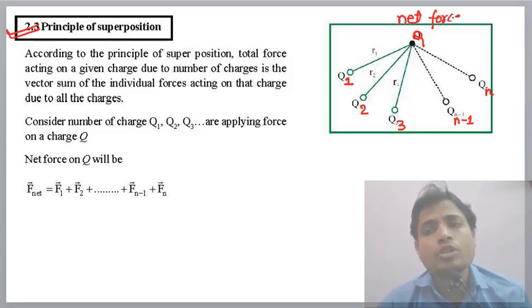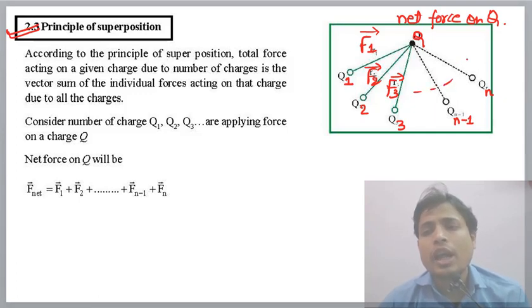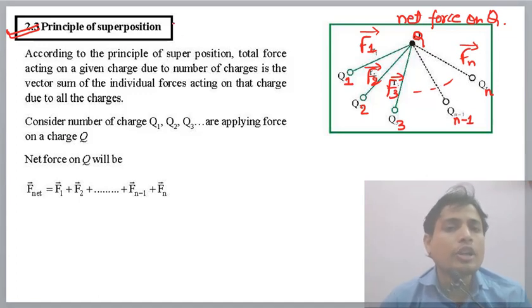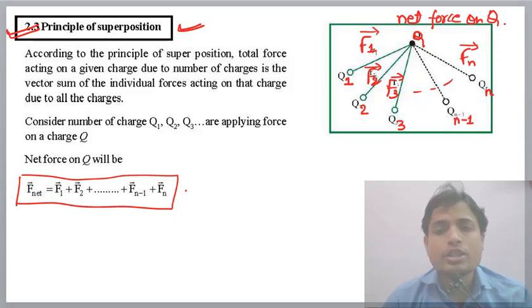Suppose q1 charge applies the force F1, q2 charge applies the force F2, q3 charge applies the force F3. Similarly, the nth charge applies the force Fn vector. Then according to the principle of superposition, the net force on q will be the vector sum of the forces developed by the individual charges.